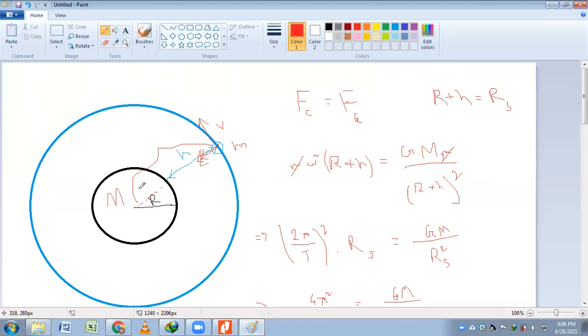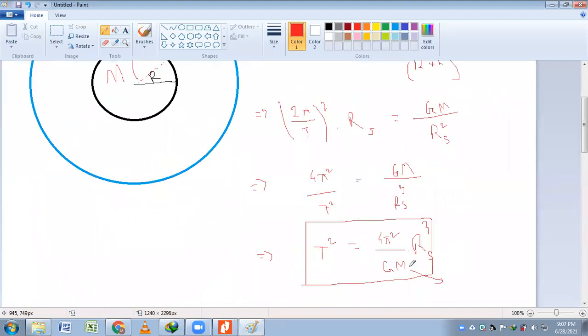So capital M in this case necessarily represents the larger mass, which is responsible for producing the stronger gravitational field, whereas the small m is the object, a small satellite, or maybe the planet. If this is a star, this can also be considered to be a planet. This is the object that is moving around within the gravitational field under the effect of the force produced by this bigger mass.